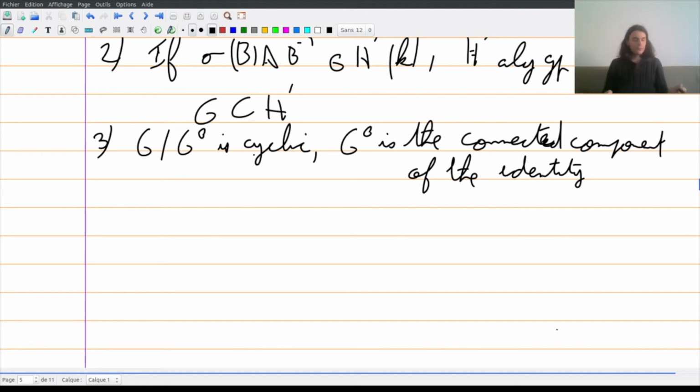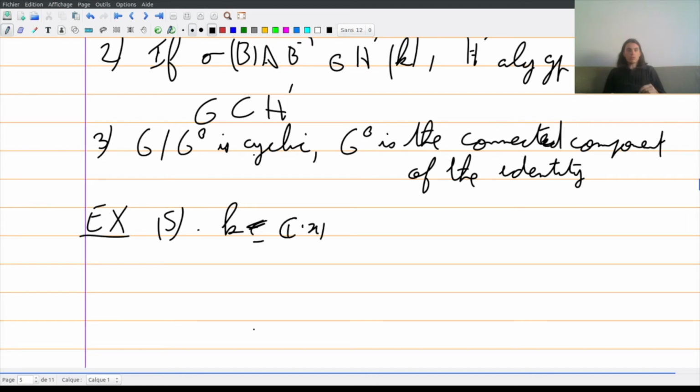So, for instance, just to give an intuition of the notion. So take the case K equals C of z, and if H is equal to SLn, so H of K is just SLn of C of z.